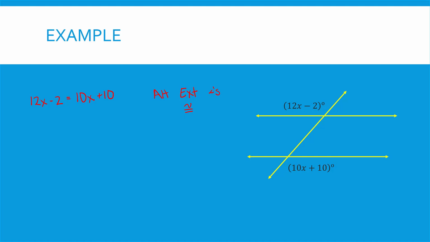And we could go through and solve this. I'm going to move my 10x to the other side, move the 2 over, and then divide by 2. So x would equal 6 in this problem. So that's one set of angle relationships.